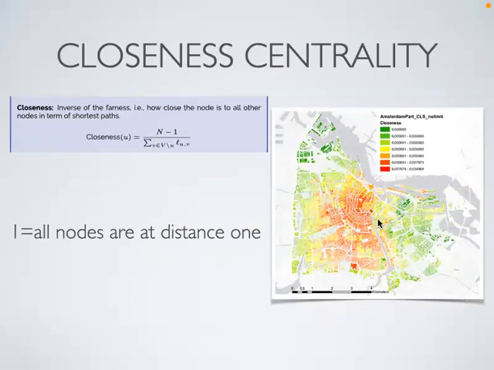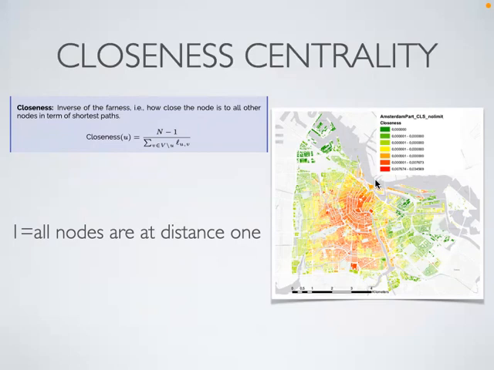For instance, you have an example in this figure with, I think, the city of Amsterdam. In the network, each node is an intersection, and each edge corresponds to a part of a road between two intersections. You compute the closeness centrality, and what you observe is what I was describing.